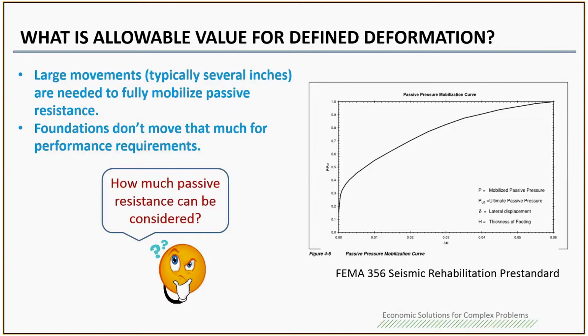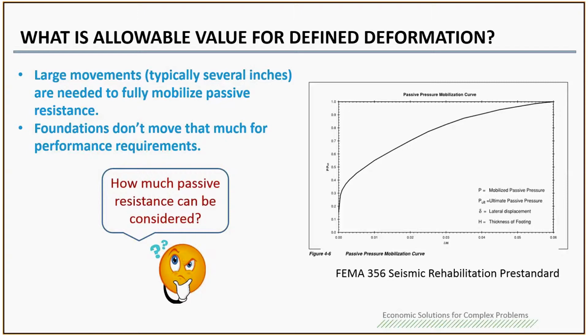One thing I want to point out: if you look at this chart, it's not a linear relationship. That means even at very small movement, let's say 0.5-inch movement, you could get 50% passive resistance. So this would be very helpful for your foundation design when you deal with sliding and overturning issues.